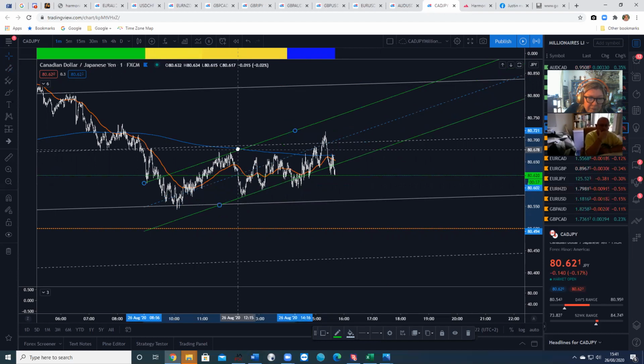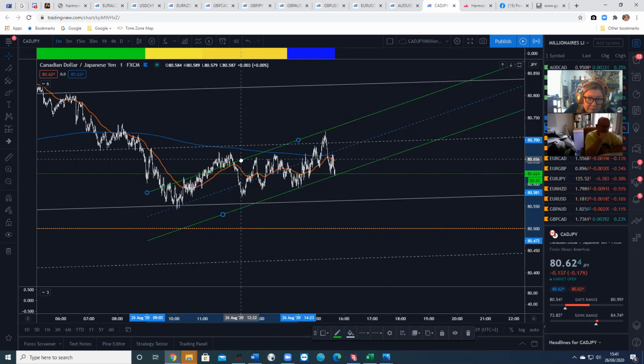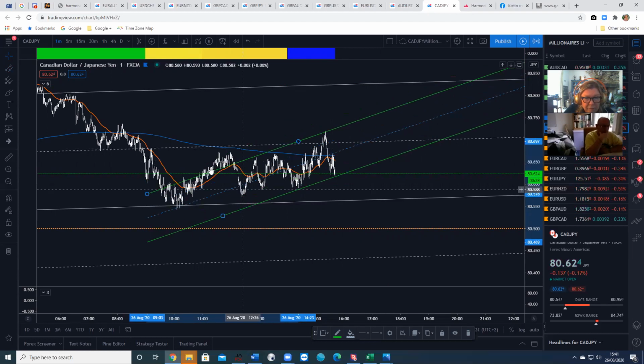You could have it right down here, that might be better actually. So you can see how it's flattened out in the channel. It's not gone straight from the top right to the bottom. It's leveling out. So that says it's probably reversing down because it's come down.